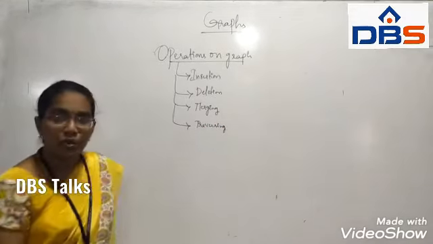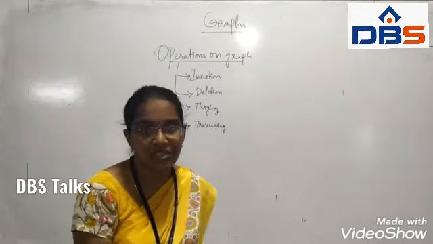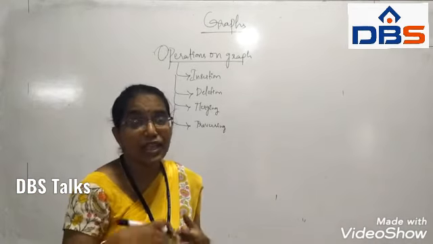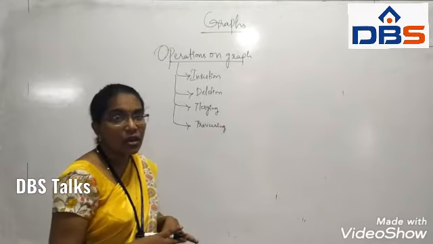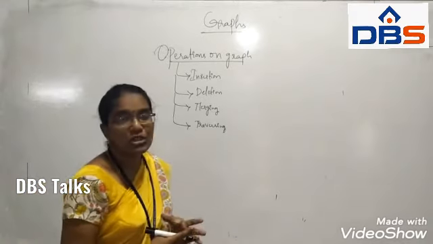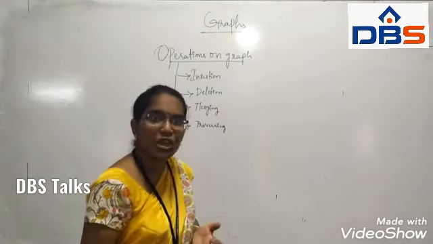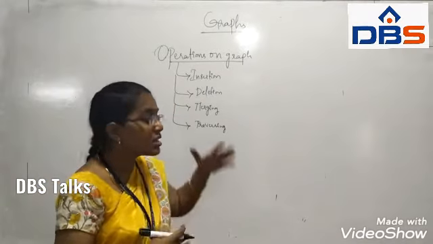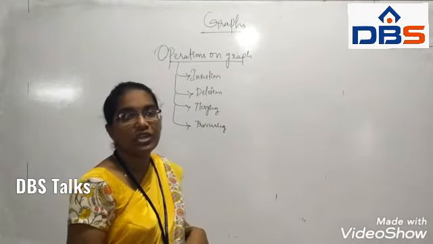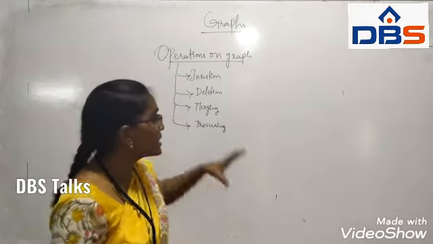See, in a data structure, we may perform so many operations, but basically the major operations that we are going to perform are insertion, deletion, merging and traversing. Okay? These are the major operations, we can also perform search and more operations on a data structure, but these are the main operations that we are going to perform. For that reason we are discussing this.